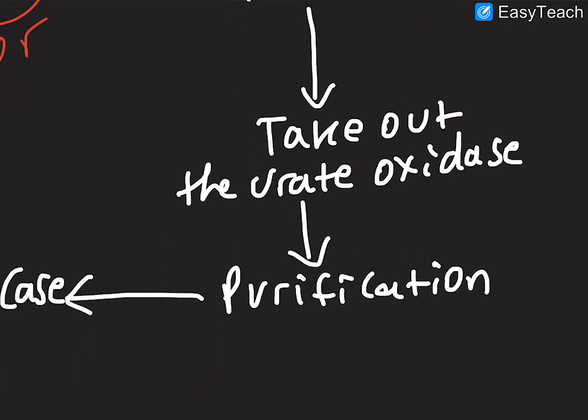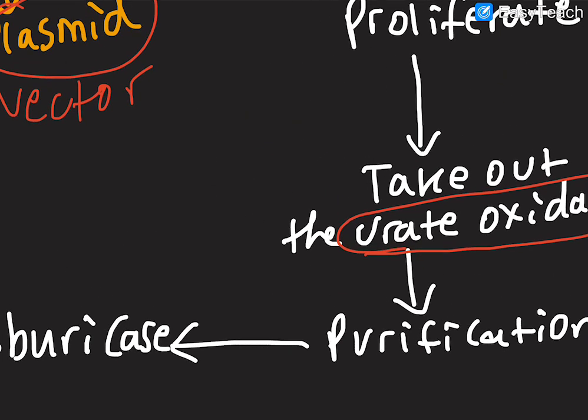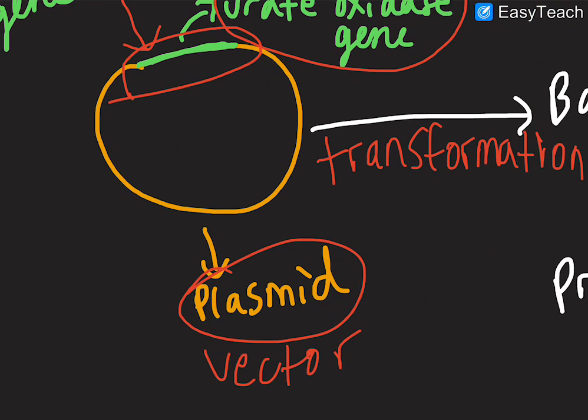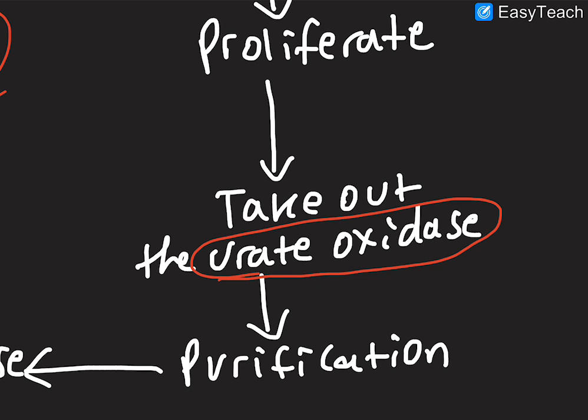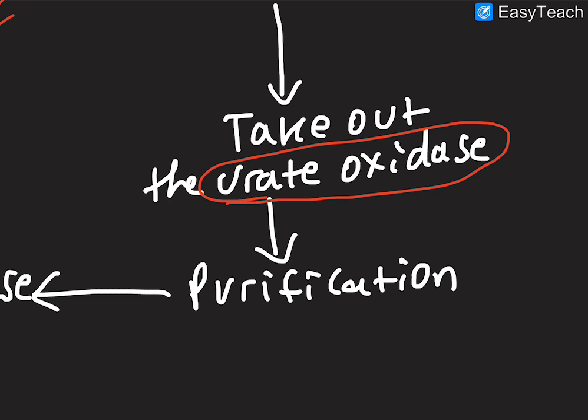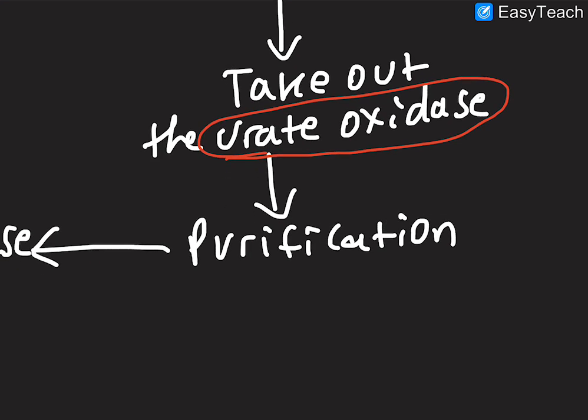We can take out the urate oxidase enzyme from this bacteria, because now the urate oxidase gene has replicated, and there are many bacteria cells with this gene, so we can take out the enzyme, which is what the gene codes for, the urate oxidase protein.